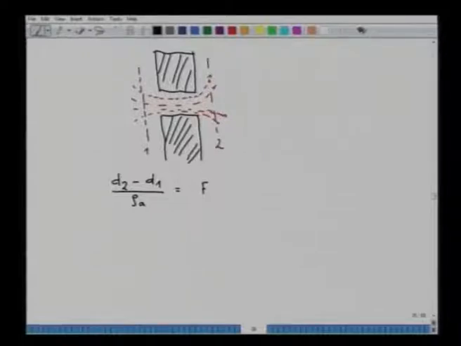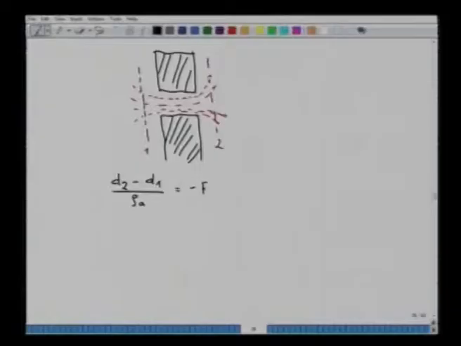So, what do we have to calculate now? We know the draft across the opening, D2 minus D1, is given to us. Since the other end is open to atmosphere, D2 equals 0.